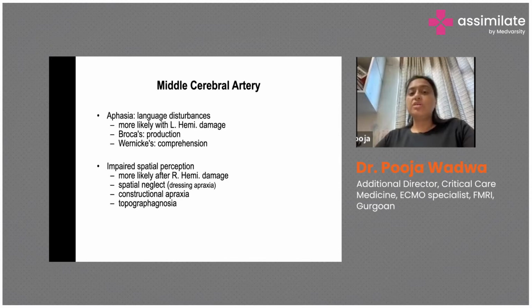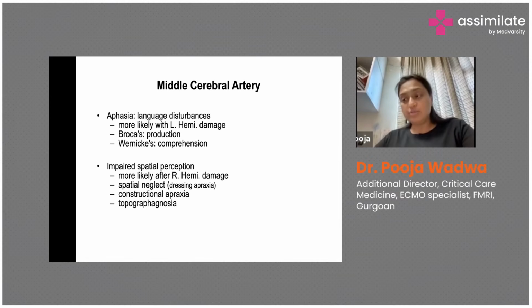Now because the middle cerebral artery supplies the major area of the brain, there may be aphasia, most likely with left hemisphere damage. There will be language disturbances. If Broca's area is involved, then the production of the language will be impaired.